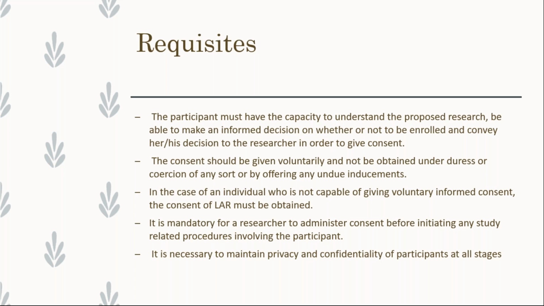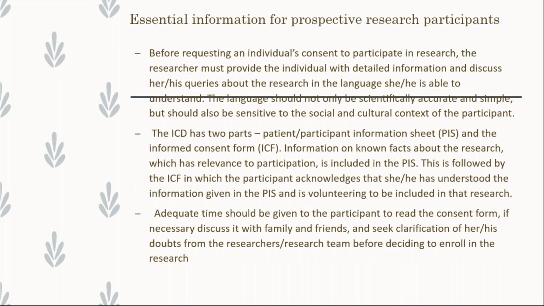The informed consent document has two parts. One is the participant information sheet, or patient information sheet, and the other is the informed consent form. In the participant information sheet, all the essential information that is going to affect the participant's decision to participate will be present in their own local language, in simple terms, without using any scientific terms.